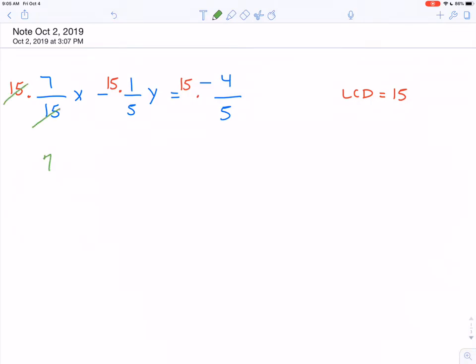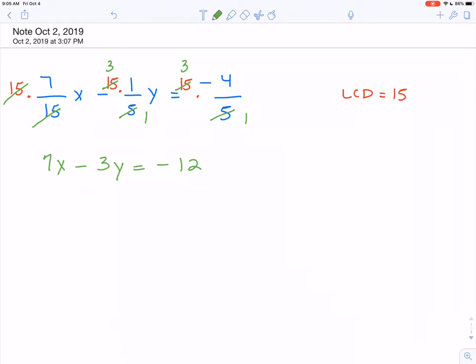So this is just going to leave me with 7x. Here, divide by 5. It's going to leave me with 1 on the bottom, 3 on the top. So this will become minus 3y. And then over here, divide by 5 again, 1 on the bottom, 3 on the top. And that's going to become negative 12.